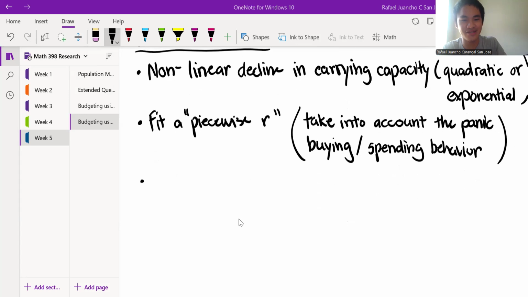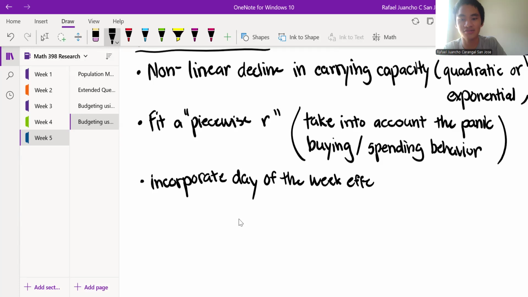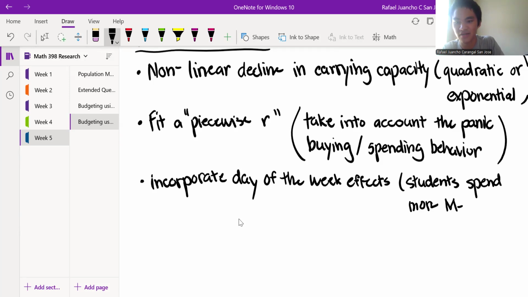Then maybe take into consideration the day of the week, so that's something I didn't do. I don't know how I'm going to do this, but something like this. So here we say that students spend more on Monday to Friday.